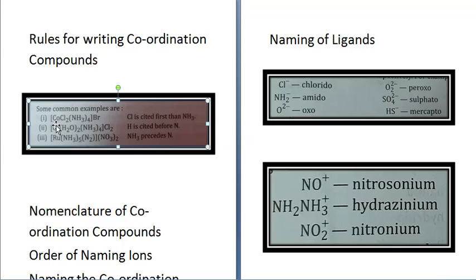Now if defining atoms are the same, the symbol decides the sequence. For example, NH2 minus and NO2 minus. Defining atoms are the same, but the next symbol will decide. So NH2 minus will come first and NO2 minus will come later on. Polydentate ligands are written alphabetically.